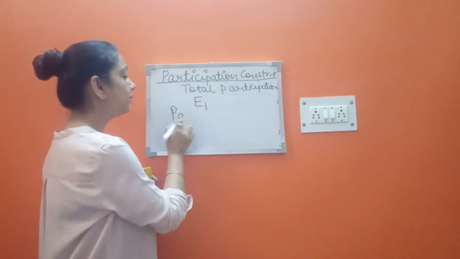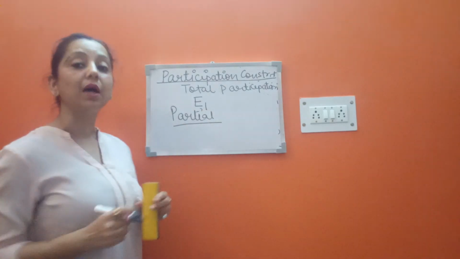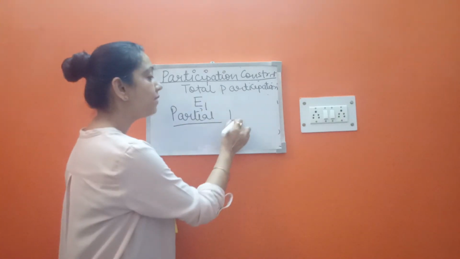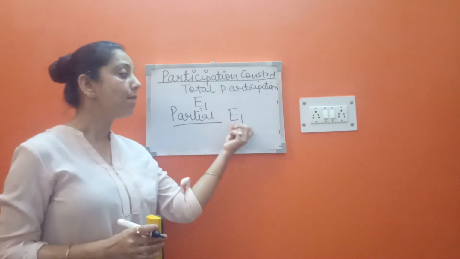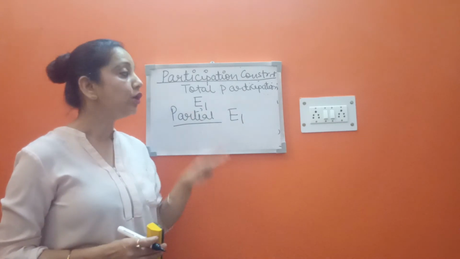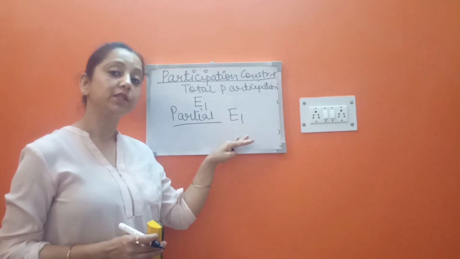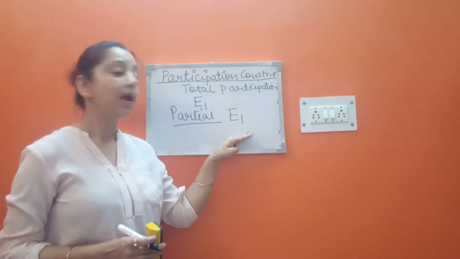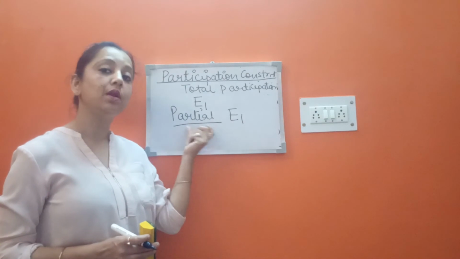Next is the partial participation. In the partial participation, if I have an entity set E1 and some of the entities of this entity set E1 are not participating in the relationship through the relationship set, then I say that this entity set E1 has a partial participation.